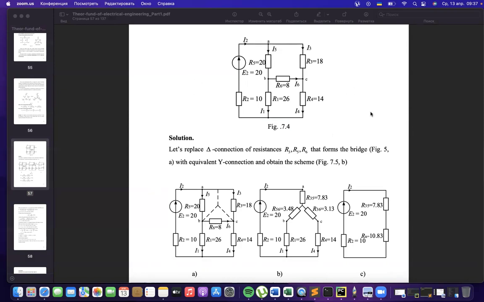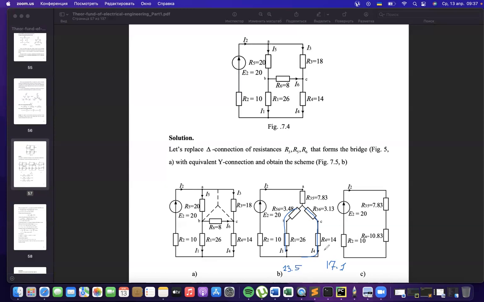We see that a couple of resistors are connected in series, and we could add them using series connection. We could add 3.1 and 14 into 17.1, and we could add 3.5 and 10 as 13.5.